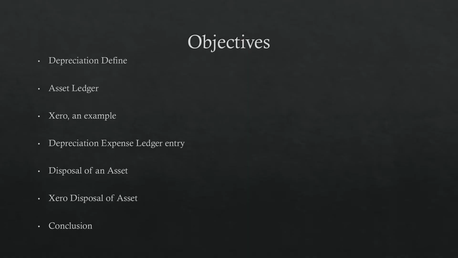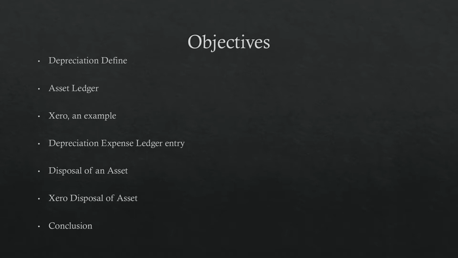Okay, let's get into it. Now, first of all, let's talk about what is depreciation in terms of the principles. But before I actually talk about depreciation, let's talk about what it is we're going to discuss. So we're going to discuss defining depreciation. Then we're going to move on to the asset in terms of the ledger.